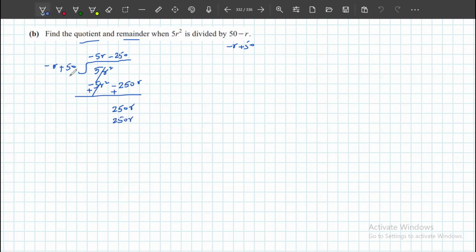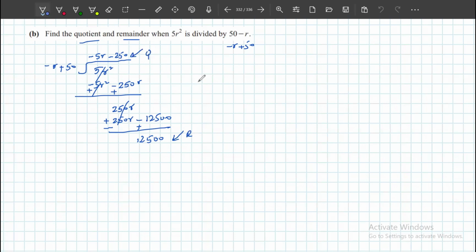And then minus 250 multiplied by 50, it is equal to minus 12,500. And here we have plus sign, so change the symbols. Plus cancelled, so we have 12,500. And remember, this is our remainder, and this is our quotient.